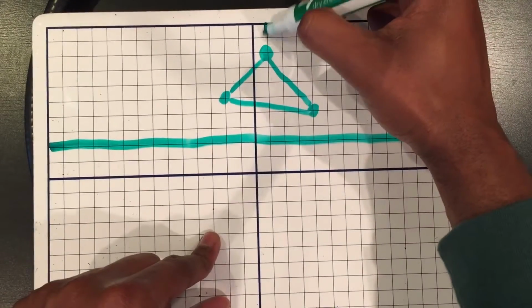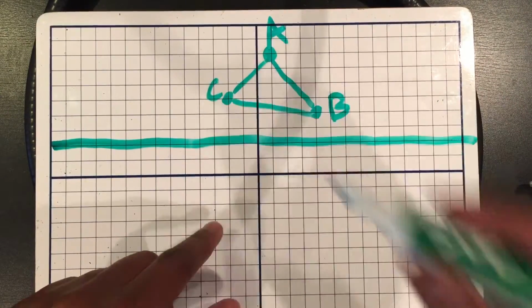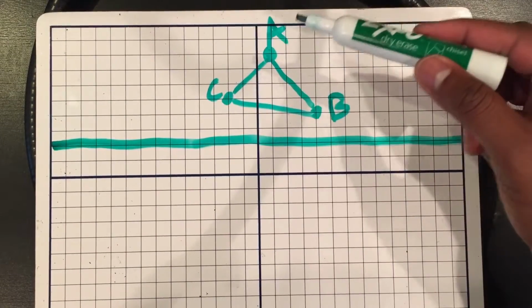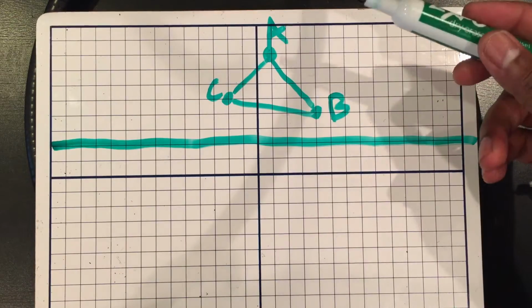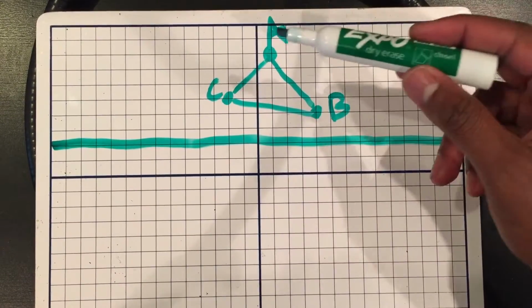So if we label this A, B, and C, what we want to do still is count the distance for each vertex from the axis of reflection and go in the opposite direction and plot our new vertex.